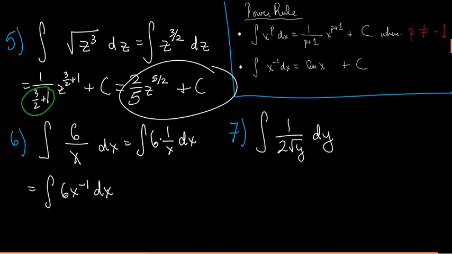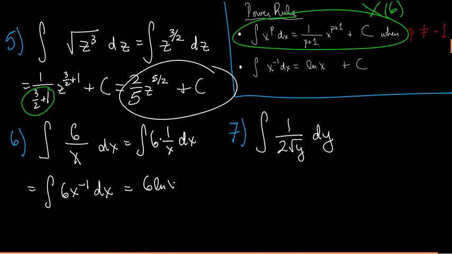So now the power is minus 1. That means you can't use this first formula. That's not what we do for problem 6. Okay? So instead, we have to use the second one. And so we'll get 6 times ln of x plus the constant of integration. And that's the answer there.